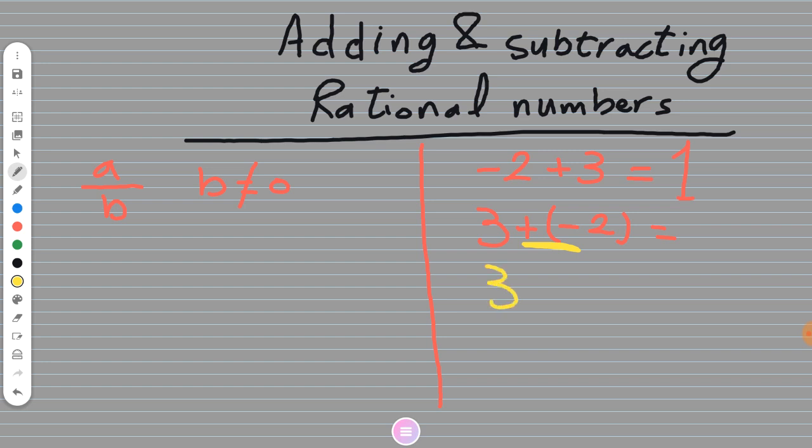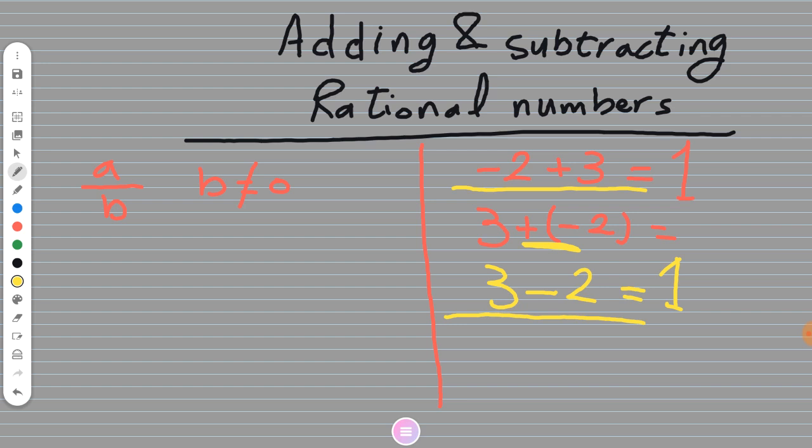So it becomes 3 minus 2 equals 1. So in the commutative property, I can write the second one first, then the first one, okay? Instead of saying -2 plus 3, I can say positive 3 minus 2, okay? It's the same. We have to consider this concept, okay?